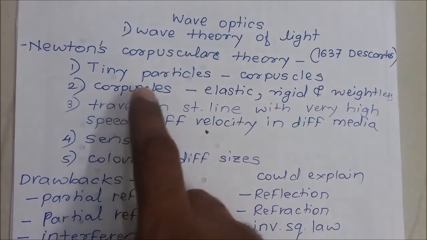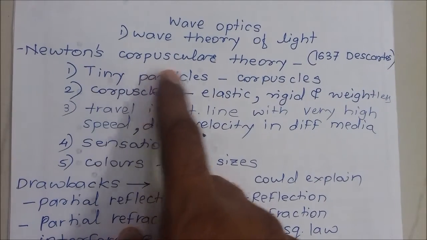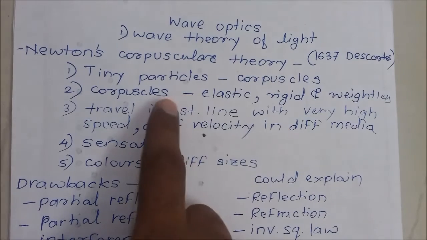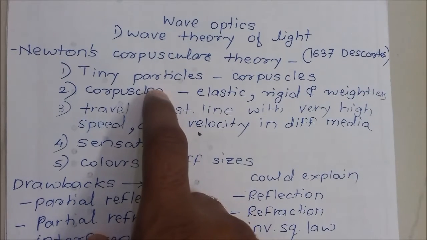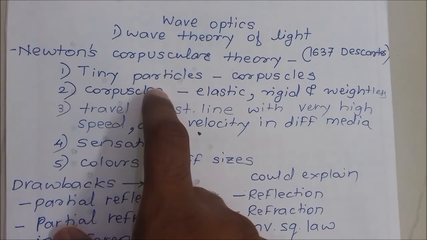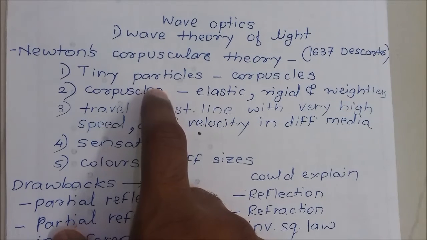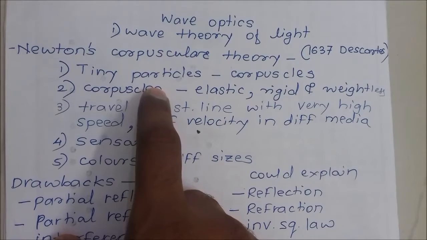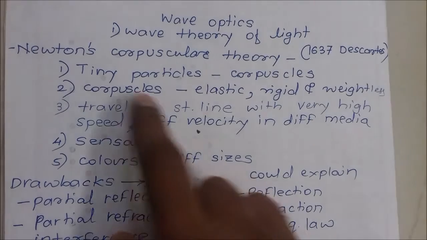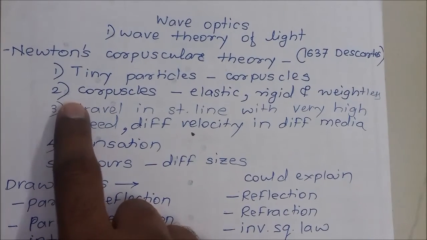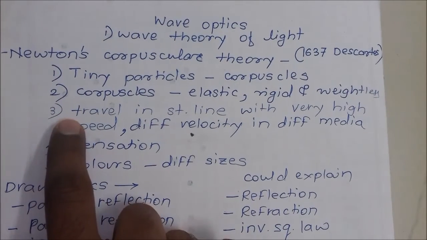Now, the principles of corpuscular theory. Light is considered to be made up of tiny particles called corpuscles. Corpuscles are elastic, rigid, and weightless.